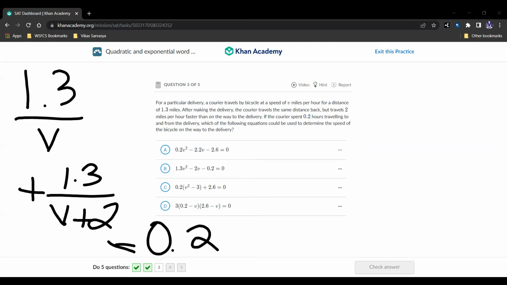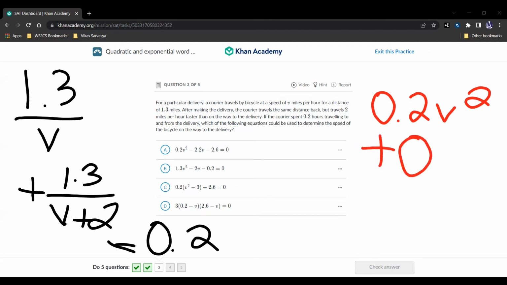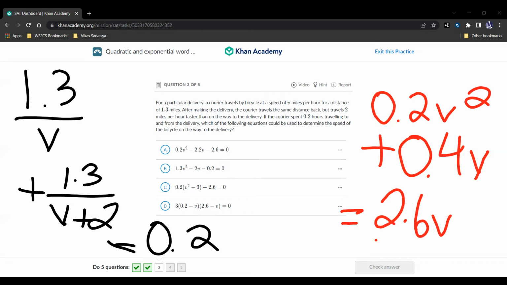And what we get, well, we end up with 0.2 v squared, and then 0.4 v, which is technically the right-hand side right here. And that's going to be equal to 2.6 v plus 2.6.